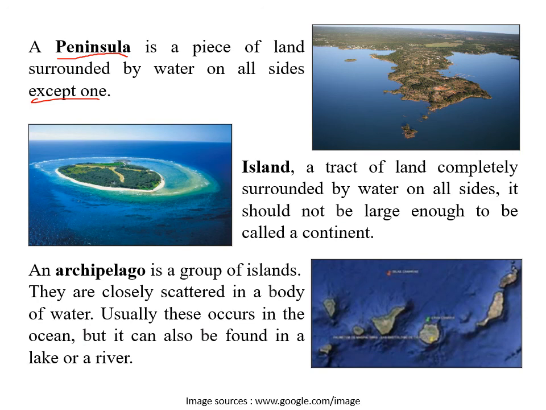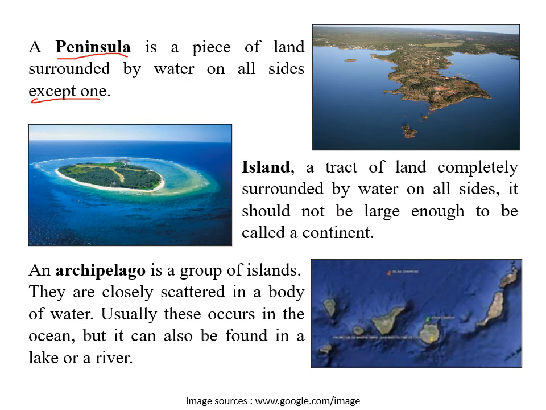So the peninsula is surrounded on all sides by marine water except one, and on that side this landmass is connected with the mainland. Say, for example, you may often have heard the term Indian Peninsula. If you look at the southern part of the Indian landmass, it is surrounded on all sides by ocean water except in the northern part. So that is why it is known as Indian Peninsula.